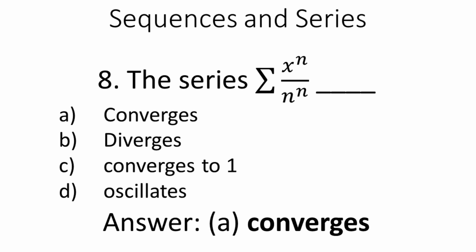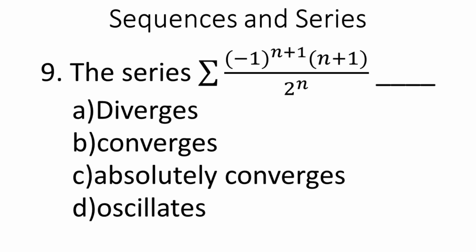Question number 9. One alternating series is given. Alternating series are always given in 1 mark questions. So whenever an alternating series is given and they are asking about convergence, you may learn the Leibniz test. Okay, so what is the Leibniz test?